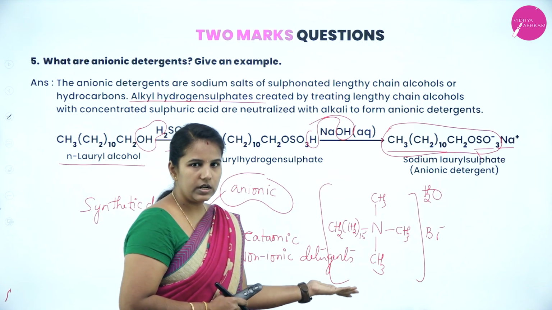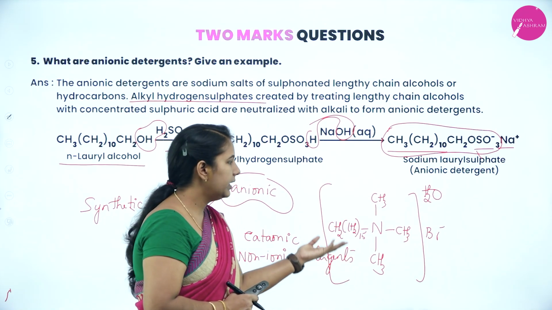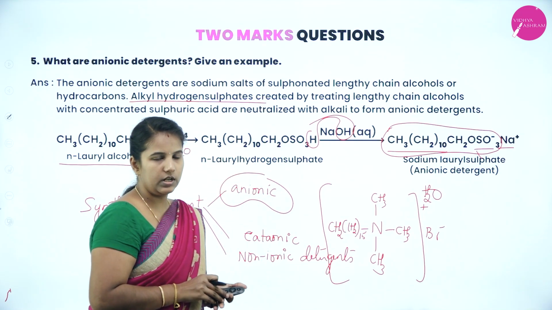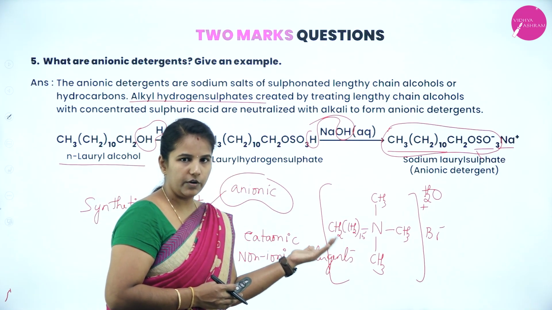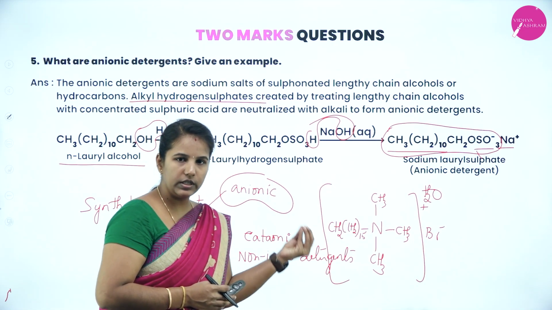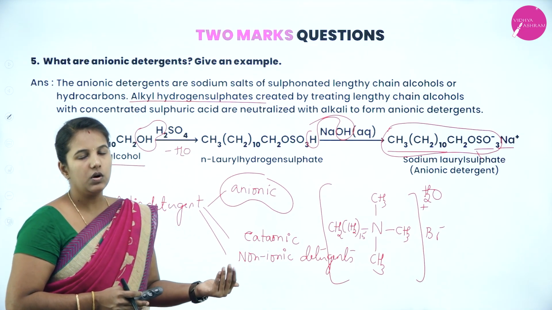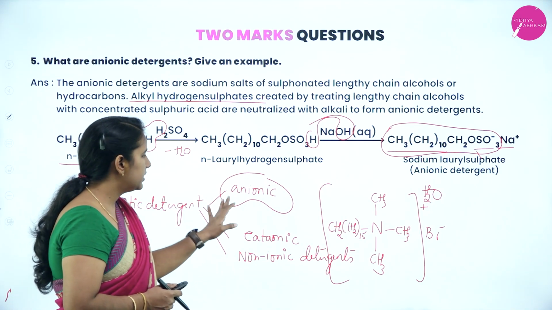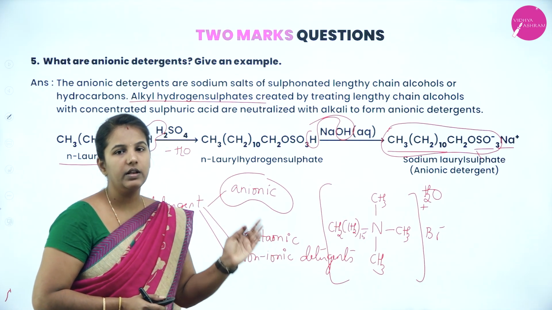That will become a quaternary ammonium salt. Only the cationic part is involved in the cleansing action, and it does not involve the anionic part. Since it is involving only the cationic part, hence it is known as cationic detergent. This is how the types of detergents can be explained with an example.